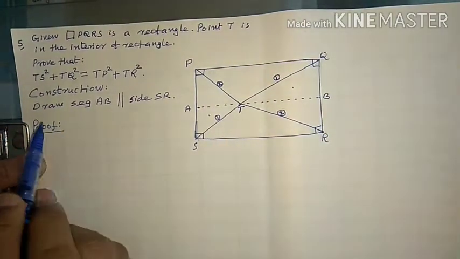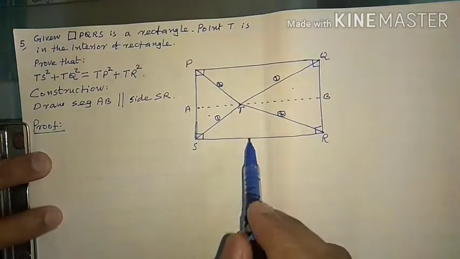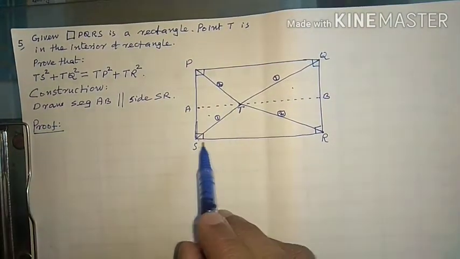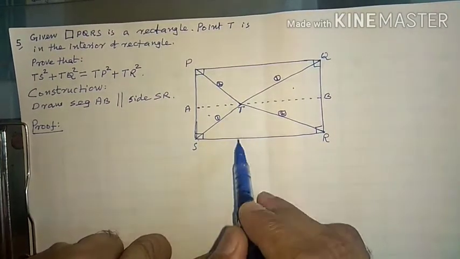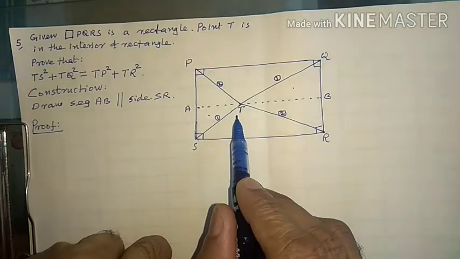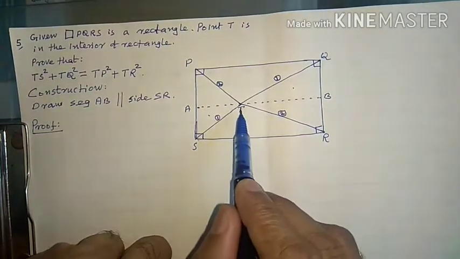Given construction wise, in 9th standard we studied that if a straight line is given and a point outside the line is given, then we can draw a line parallel to the given line through this point.